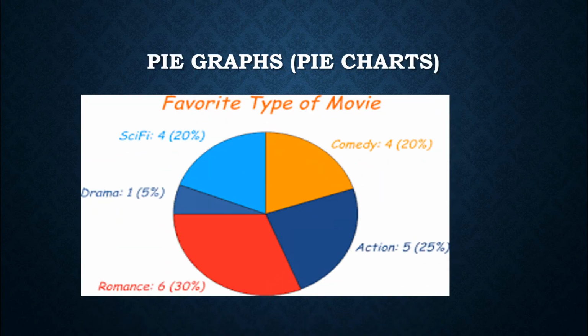Okay, pie graphs or pie charts. These are very flexible. They accommodate all of the levels of measurement: the nominal, interval, ordinal, and ratio. These are all the types of levels of measurement that can be accommodated by a pie graph or pie charts.